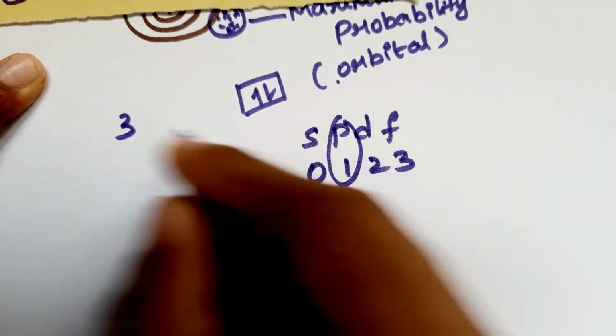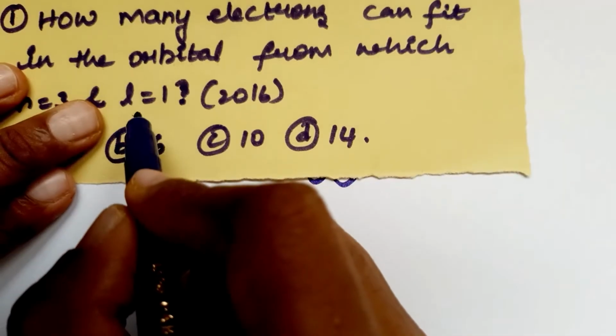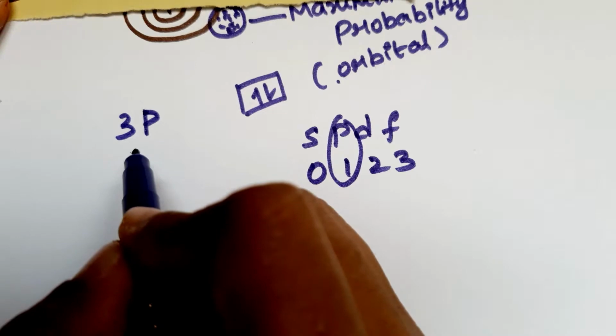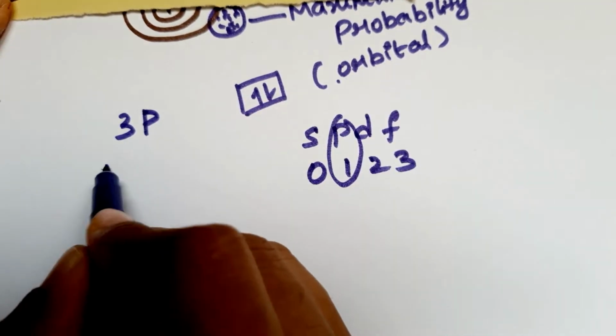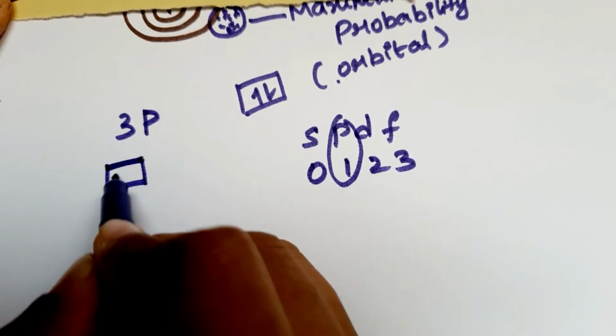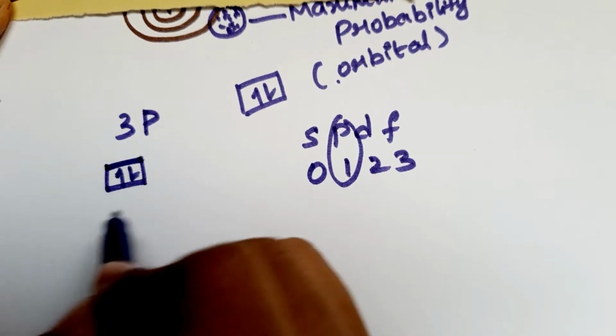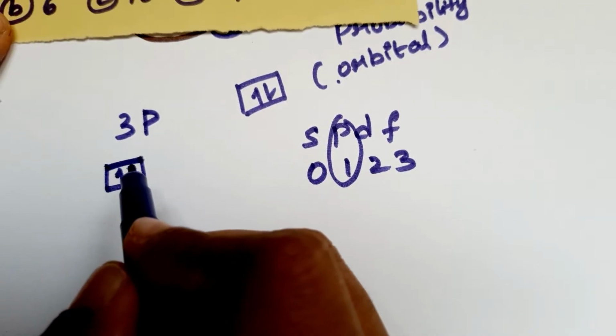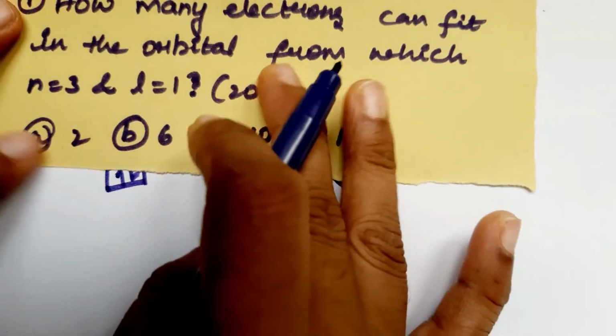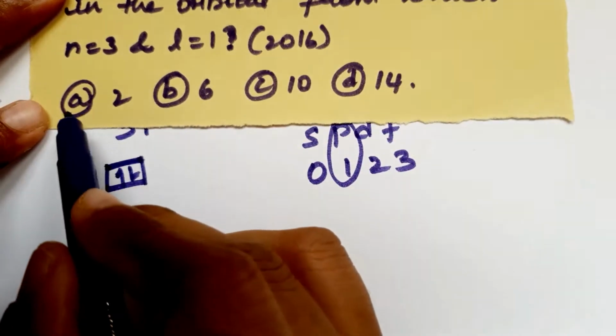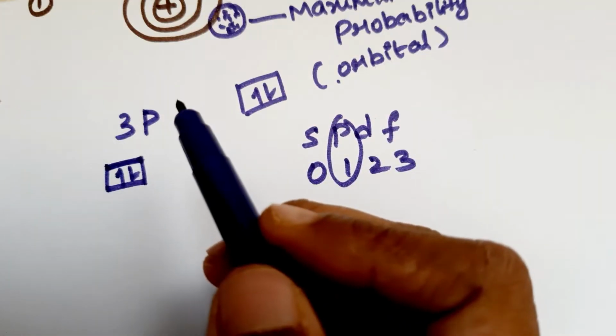For p, the value is 1. That means l is equal to 1 means we have to substitute p. Here for 3p, the maximum number of electrons in one orbital is 2. For this question the option is 2.